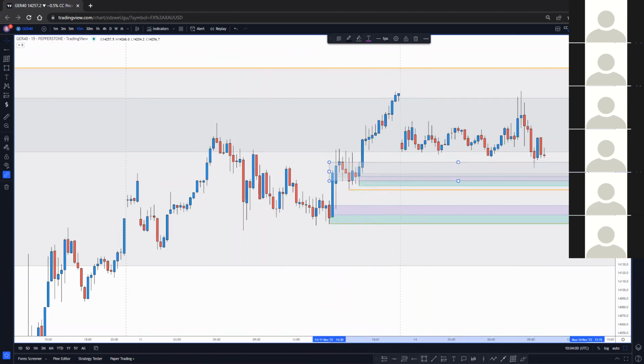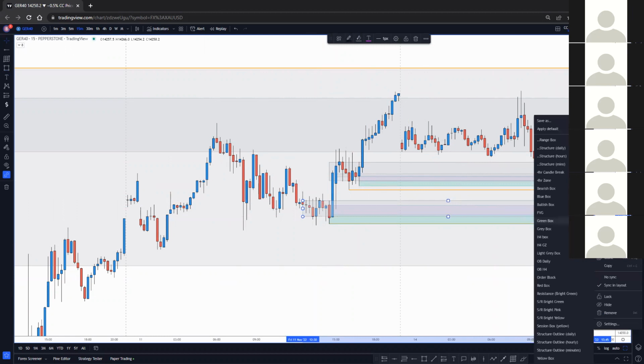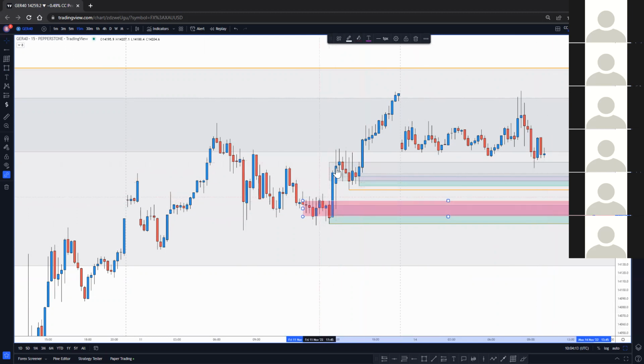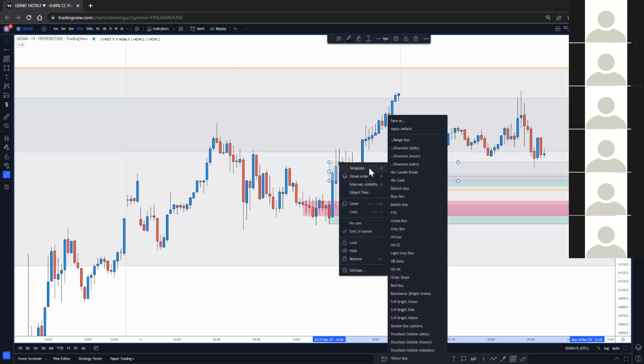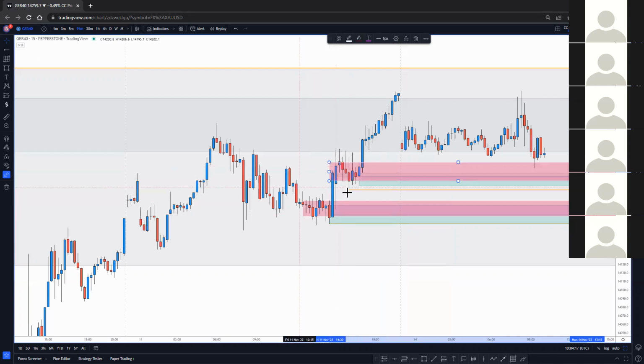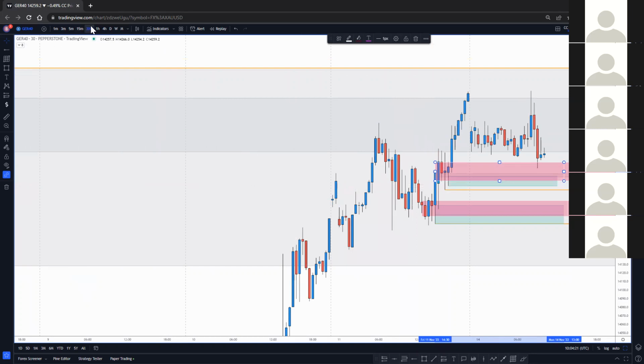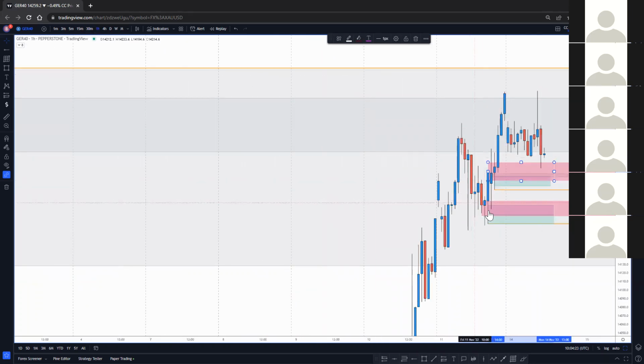Messy price action. So here's an order block down here. It's going to start getting a bit messy as I'm doing this. But let's say that these are part of the same higher time frame structure: structure 1, structure 2.